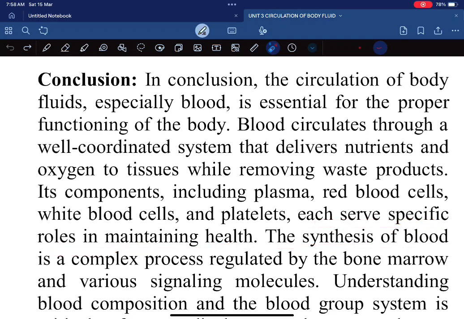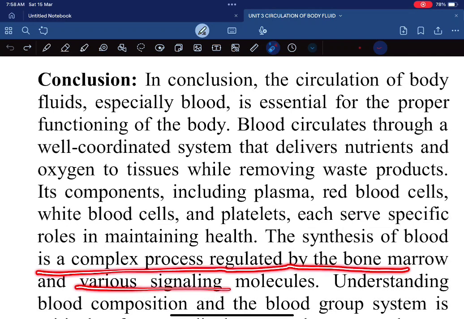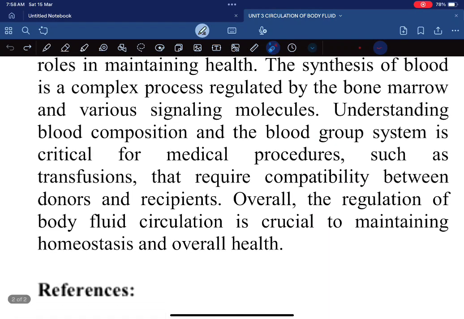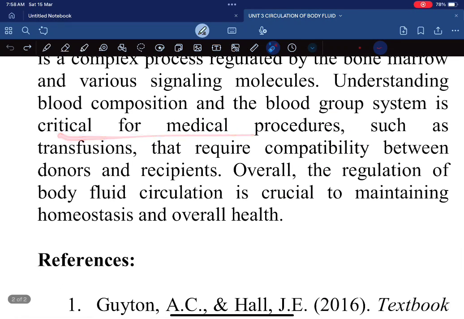The synthesis of blood is a complex process regulated by the bone marrow and various signaling molecules. Understanding blood composition and the blood group system is critical for medical procedures such as transfusions, which require compatibility between donor and recipient. Overall, the regulation of body fluid circulation is crucial to maintaining homeostasis and overall health.